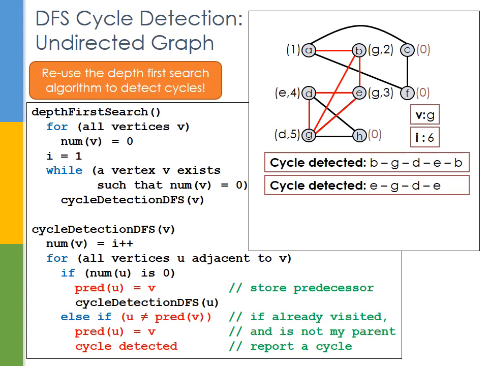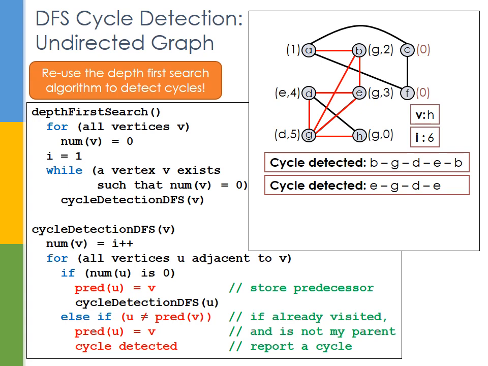We now need to consider the last adjacent vertex for vertex G, and that is vertex H, as we can see over here. So now we need to look at the number for this adjacent vertex. We see that it is 0. So we set then the predecessor of this vertex to the current vertex, which is G, and now we go into another recursive execution of the cycle detection DFS function.